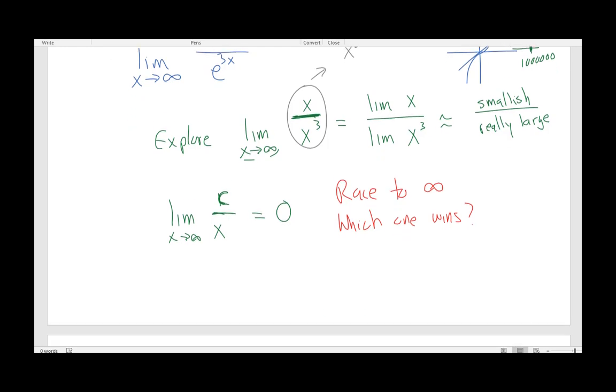Now, what if we flip that fraction upside down? What if we look at x cubed over x? So let's take a look at x cubed over x. Now again, we're looking at a race to infinity. Which one gets to infinity faster, the cubic or the linear? We already talked about that. So we know the cubic gets to infinity faster, and the denominator is pretty small compared to the numerator.